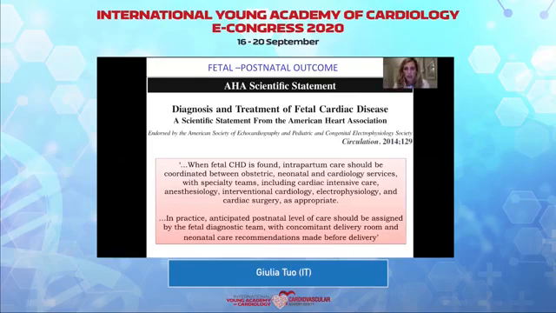So we have to decide where that fetus has to be delivered and the level of neonatal care he has to receive.